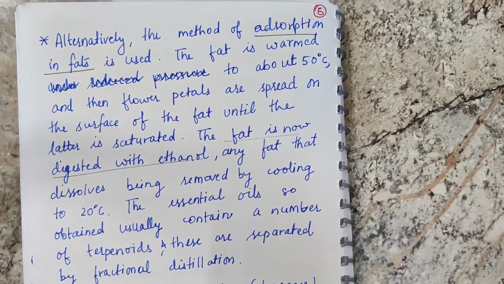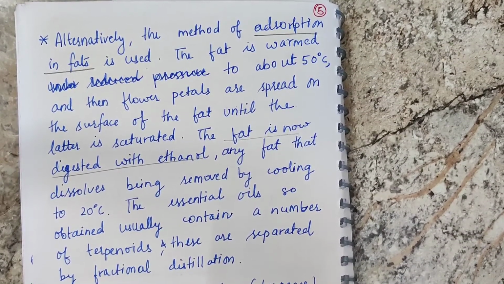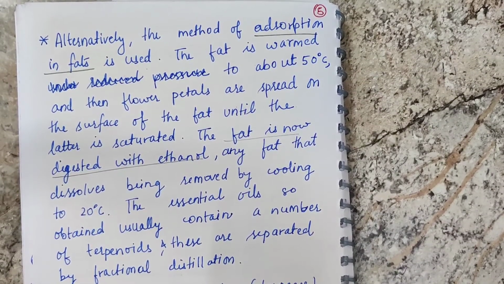Then it is also separated from ethanol. Again the separation is by distillation under reduced pressure. So basically they separate the ethanol from the terpenoids also, but the last terpenoid solution you obtained doesn't contain a single terpenoid. It could have different kinds of terpenoids.